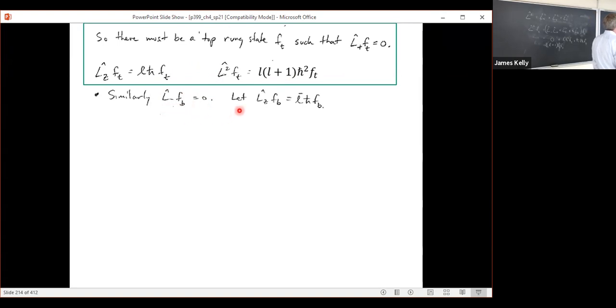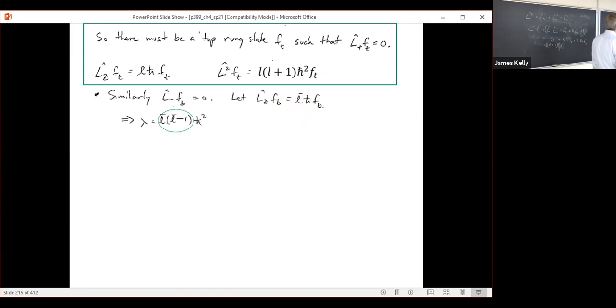I'm following Griffiths' notation here. If you're in the bottom state and you apply Lz to it, let's suppose you get some value l bar times h bar, or l with a bar over the top of it. No assumption about how l bar relates to l. It's just a different symbol.